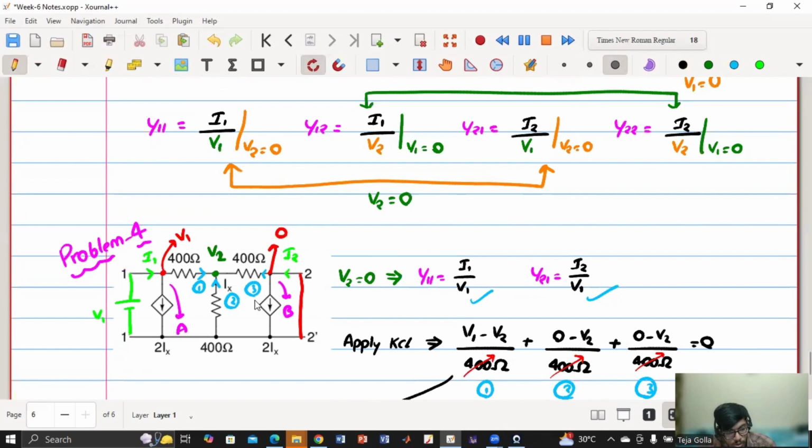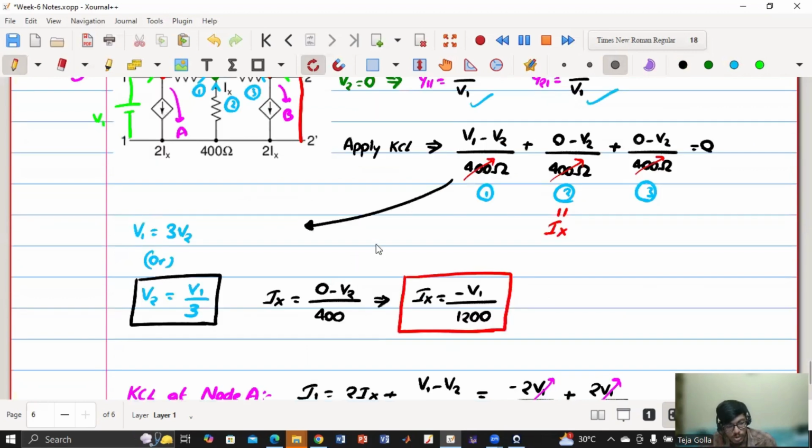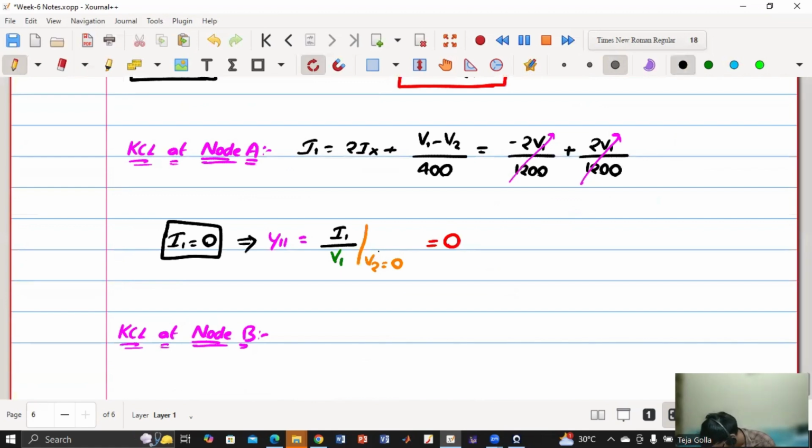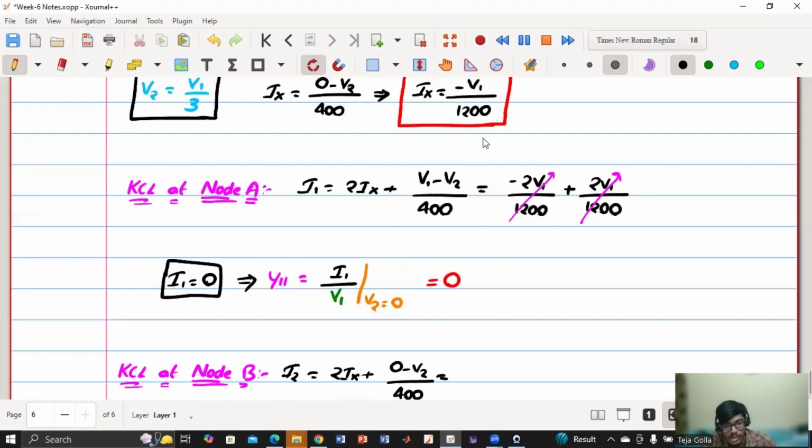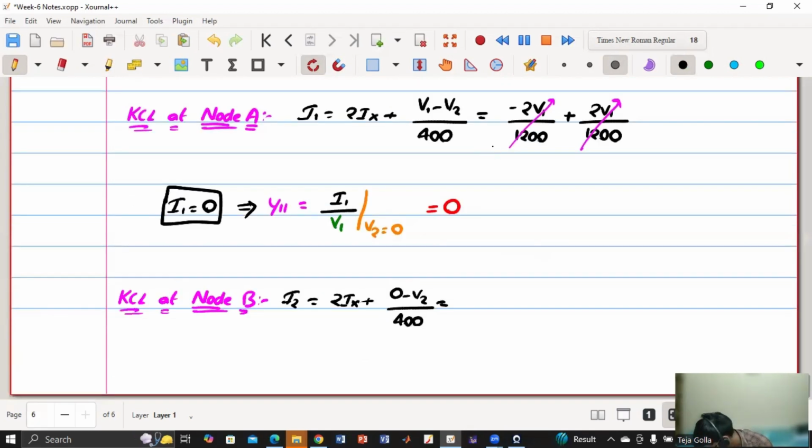So I2 equals 2Ix plus 0 minus V2 by 400. 2Ix is nothing but minus 2V1 by 1200, plus minus V2, meaning minus V1 by 3, so minus V1 by 1200. This will be minus 3V1 by 1200, which equals minus V1 by 400.